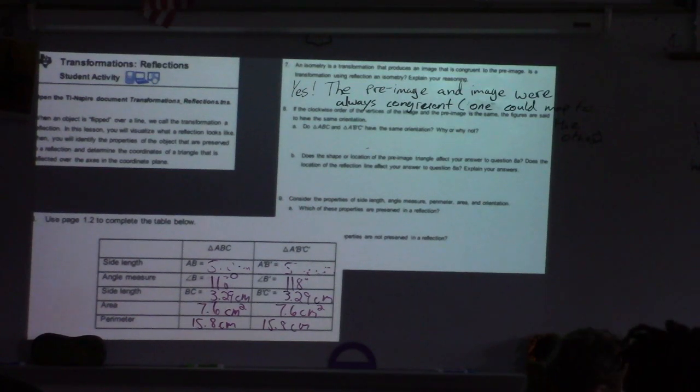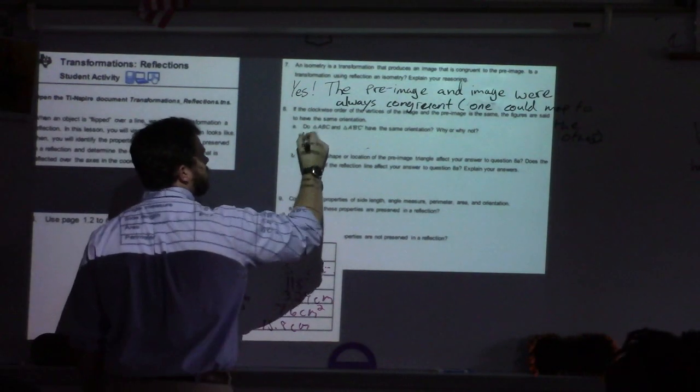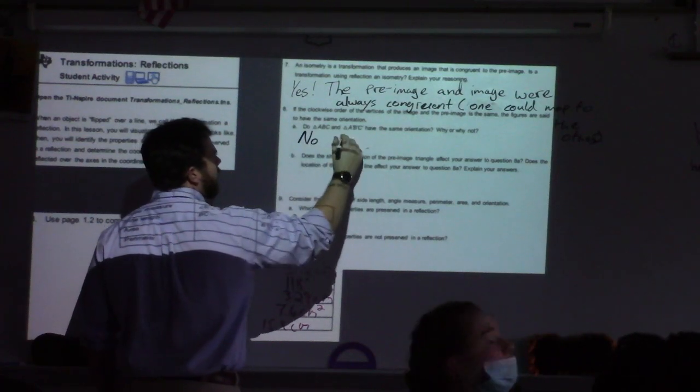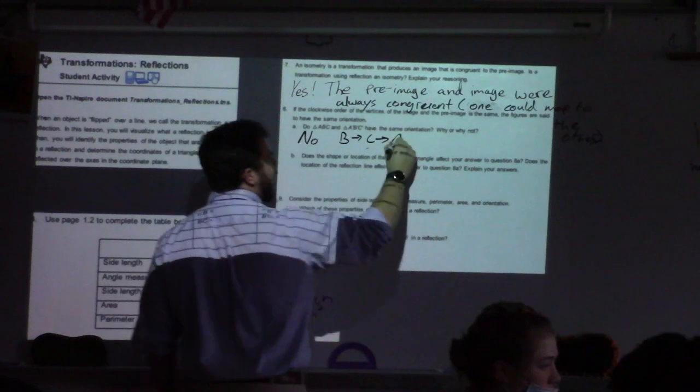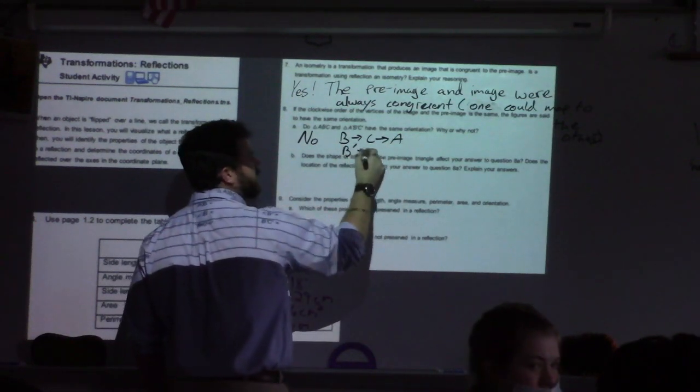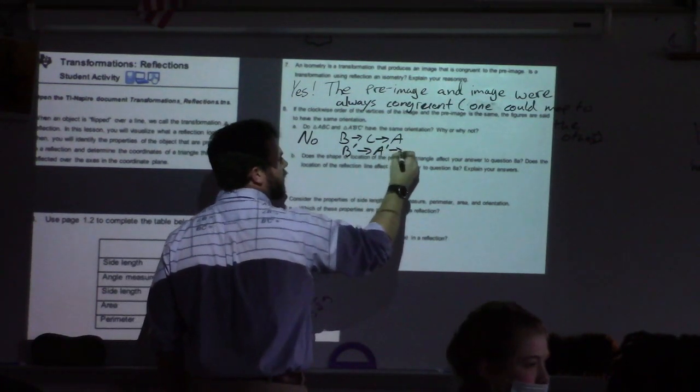With a translation, did triangle ABC and triangle A prime, B prime, C prime have the same orientation? Yes. With a translation, they had the same orientation. With a reflection, do they have the same orientation? No. When we looked earlier, B went to C, went to A, where B prime went to A prime, went to C prime.